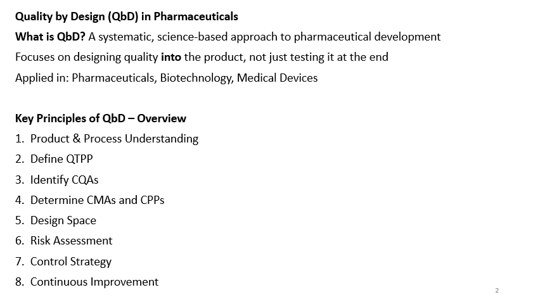QbD is a science-based, risk-based and systematic way of developing the pharmaceutical products. It is an approach to design the pharmaceuticals with the required quality standards. The quality is related to the safety and efficacy of the formulations.